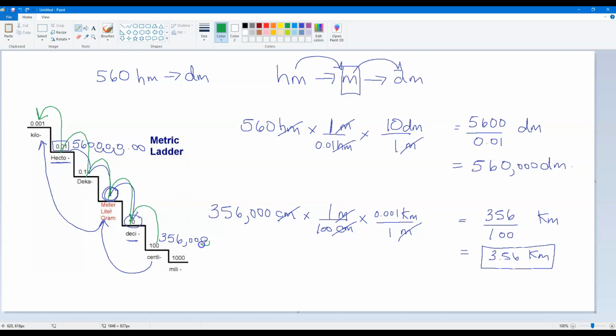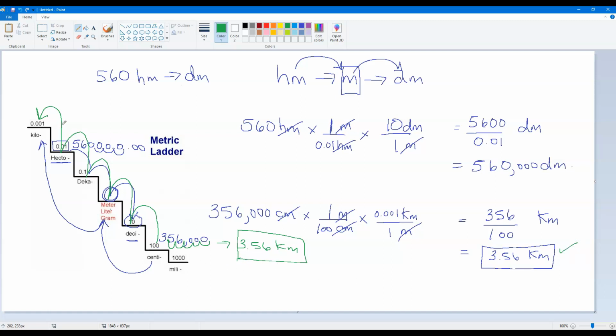So that's 1, 2, 3, 4, 5. My new decimal goes here. So 356,000 centimeters becomes 3.56 kilometers. Same answer that I got over here.